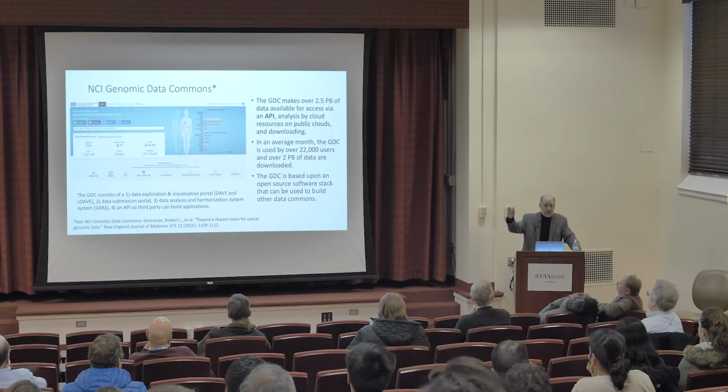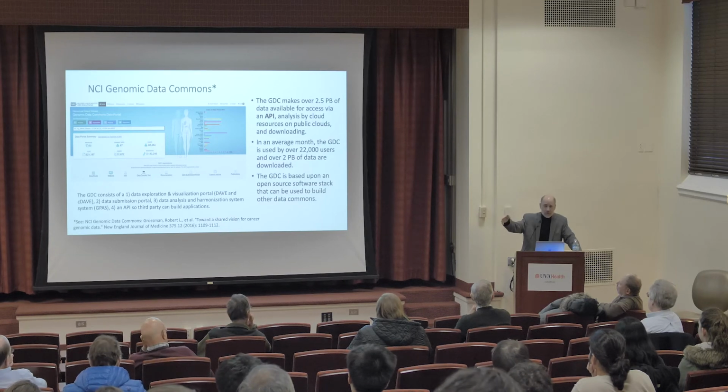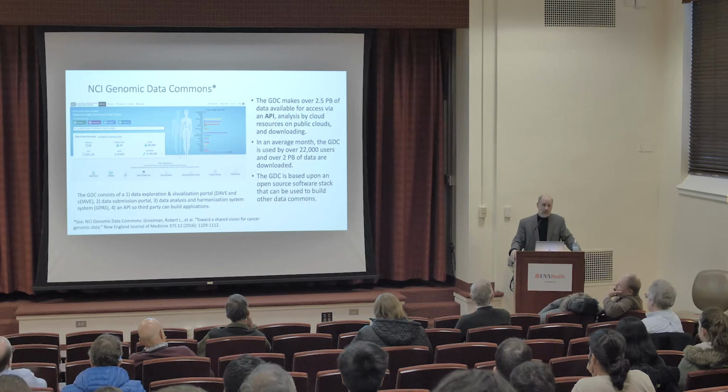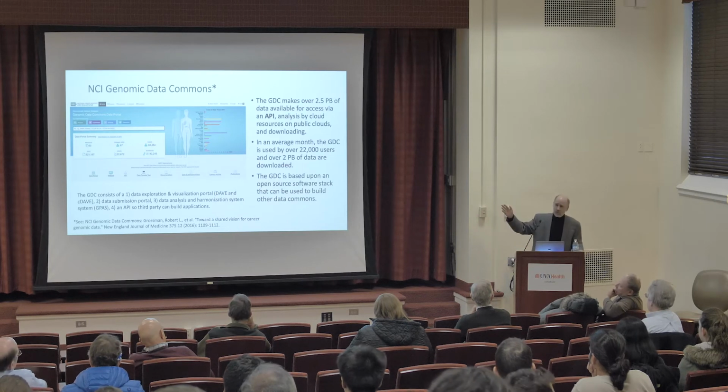It's public data, it's a public API. If the data is controlled access, like some of the germline molecular data, we authenticate you. You have to get access through dbGaP, but you can build applications that compete with ours and do exactly what you want. You can launch Jupyter notebooks over this.